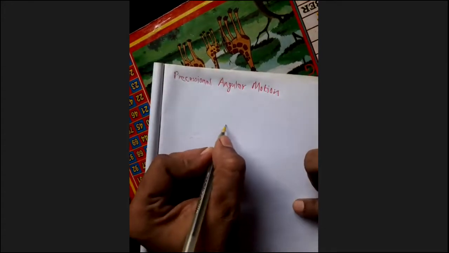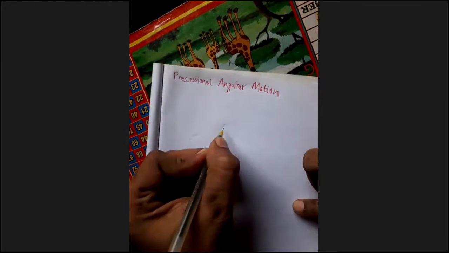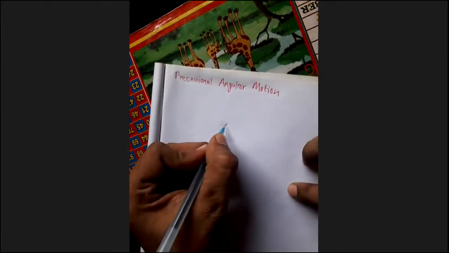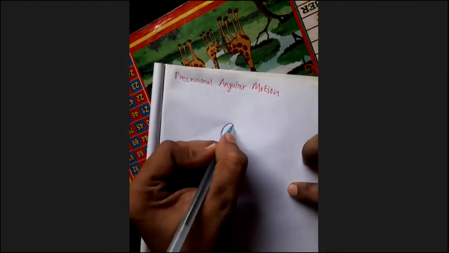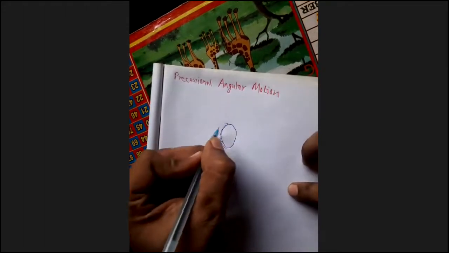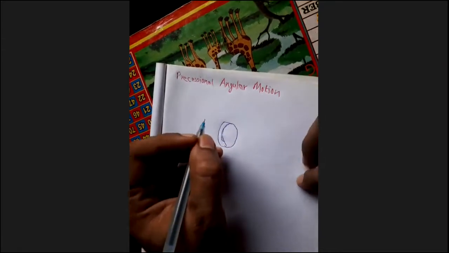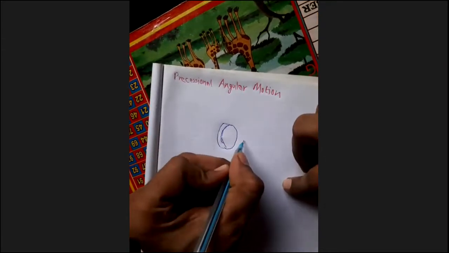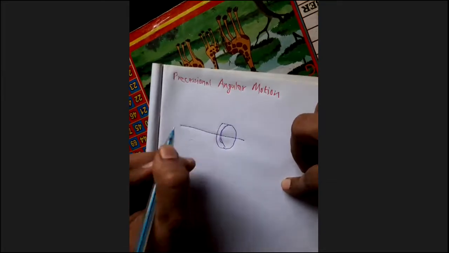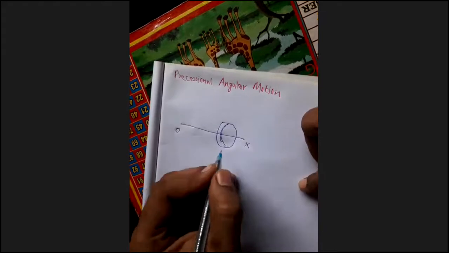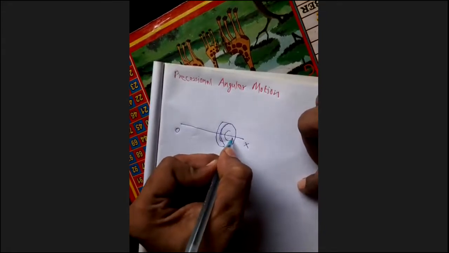Now suppose we have a disc rotating about an axis OX in anti-clockwise direction.